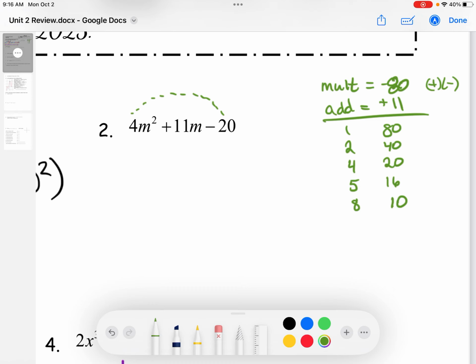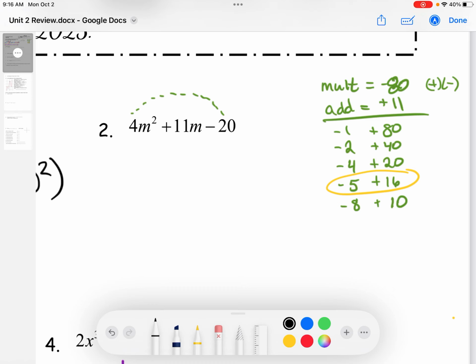To add up to be a positive 11, the larger number needs to be positive, and the smaller number needs to be negative. Now we can see which pair works. Negative 5 plus 16 will give us that 11.